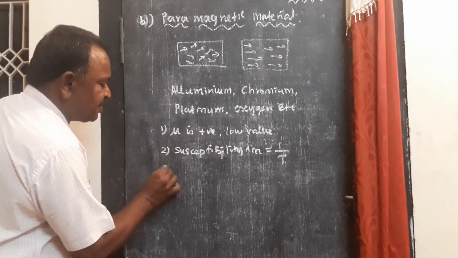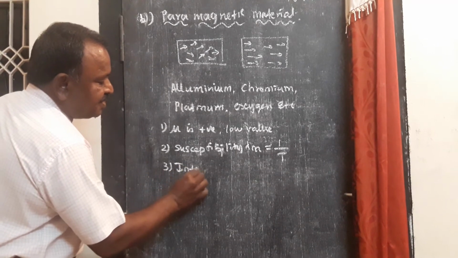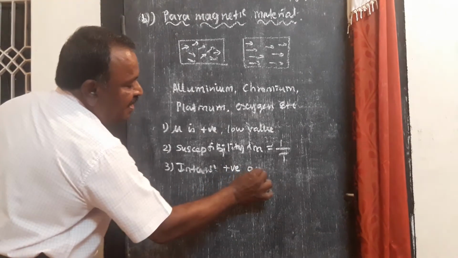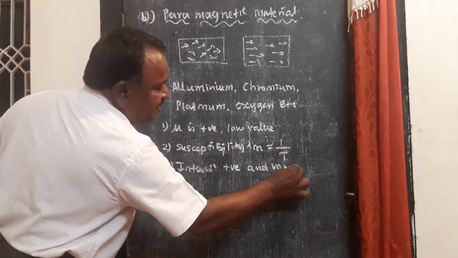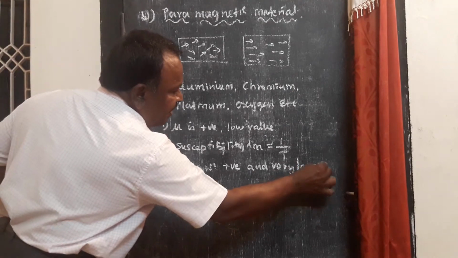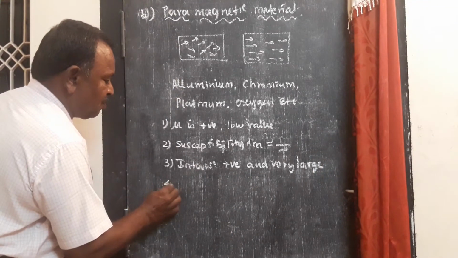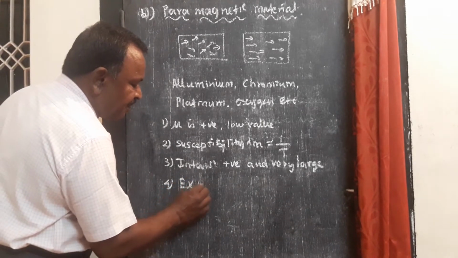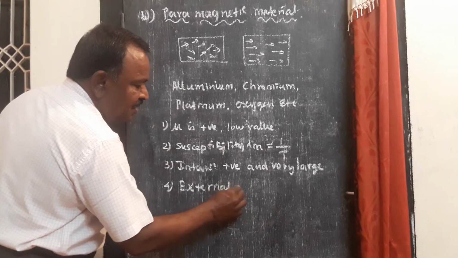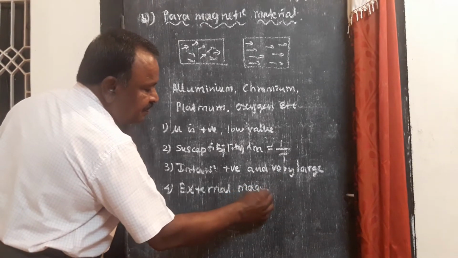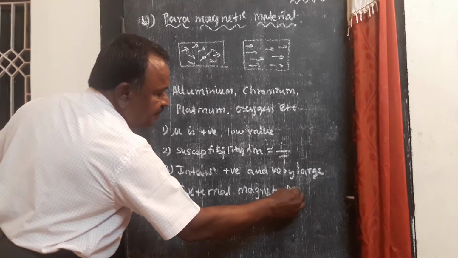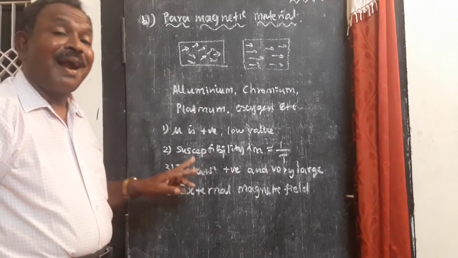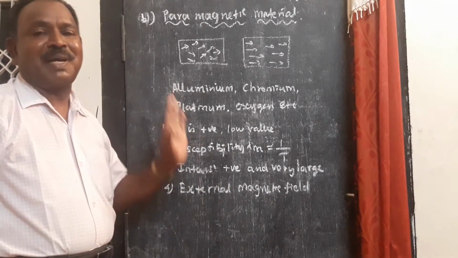Intensity of magnetization is positive and very large. Then the fourth one: in the external magnetic field, field lines are attracted by the specimen.